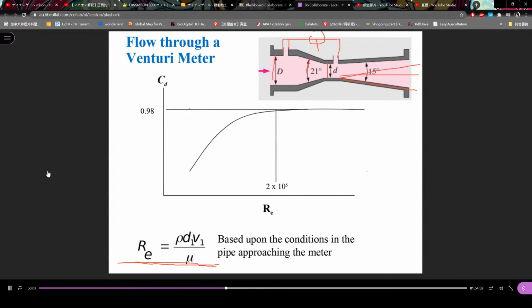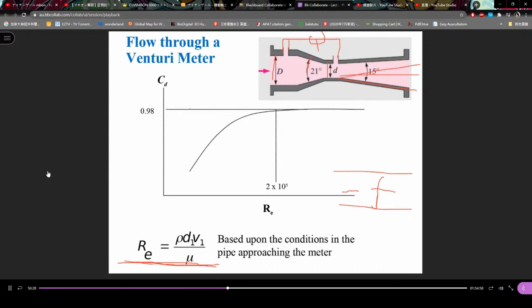And we need this figure to find the friction factor of pipeline flow, friction factor f from the Moody diagram if the flow is turbulent. So always calculate the Reynolds number to determine if the flow is turbulent or laminar.